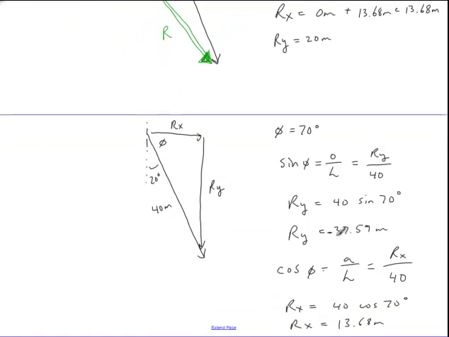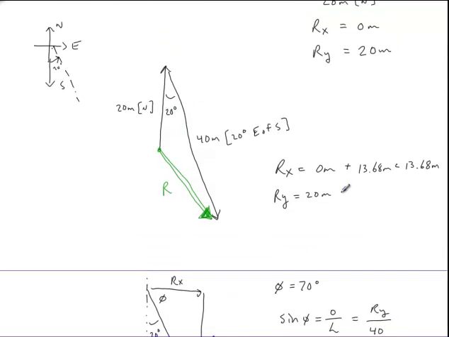And then we're going to add negative 37.59 meters. So 20 minus 37.59 is negative 17.59.